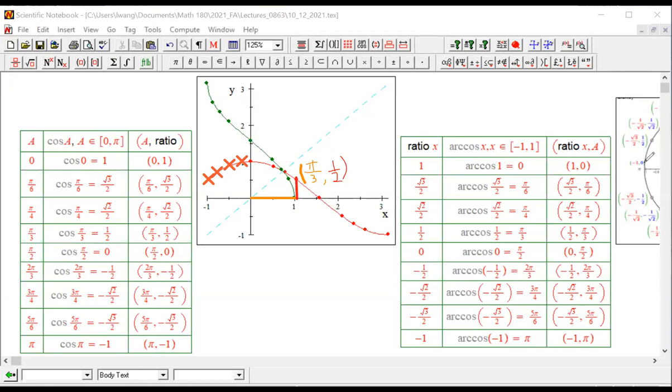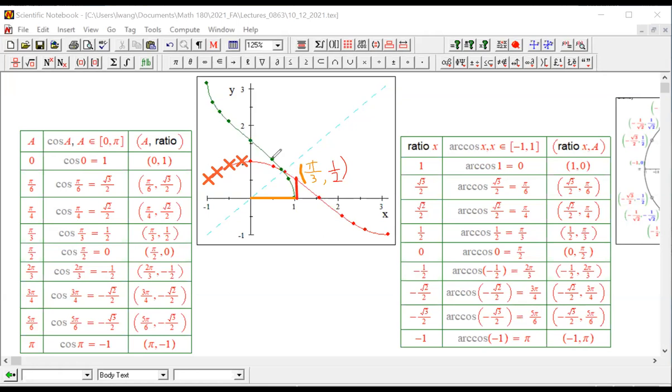You guys understand that? Yes. Okay. So now, you see this turquoise color, which is a line of symmetry for these two curves. And on the other side of the green is arc cosine. The green is arc cosine.